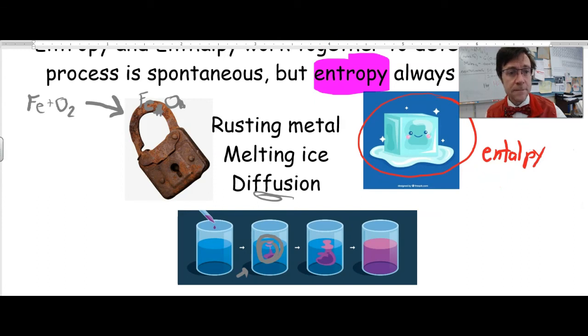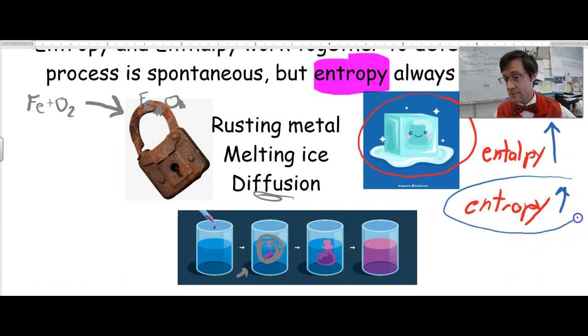Enthalpy, or heat energy, is actually increasing. And typically nature doesn't like that. Nature prefers enthalpy to decrease. However, the reason why melting can just happen all by itself is because the entropy is actually increasing, and this always wins. All right, the entropy always wins.